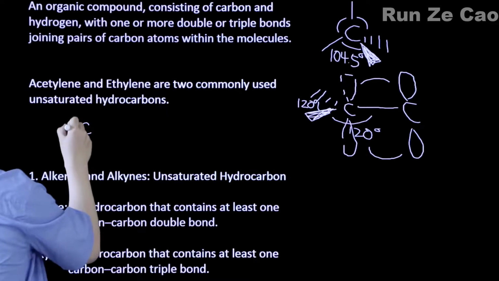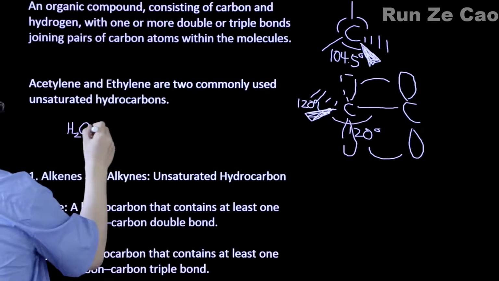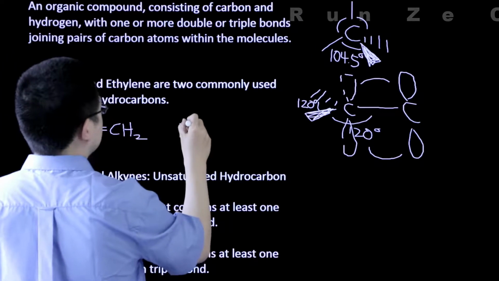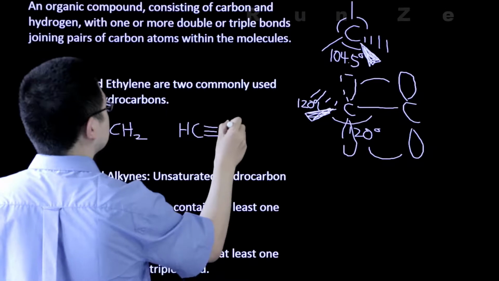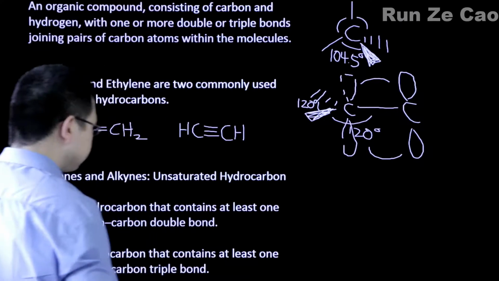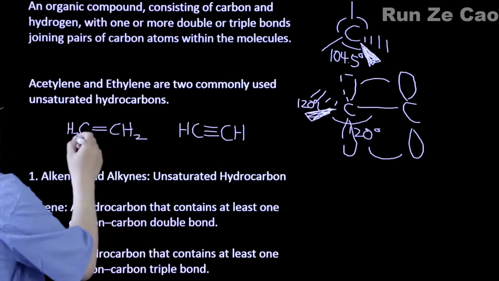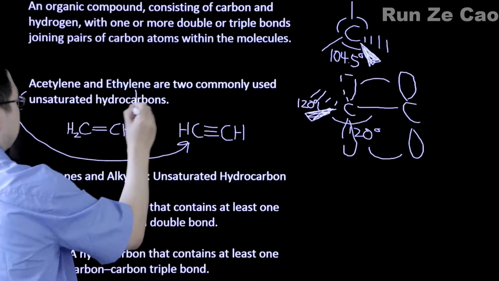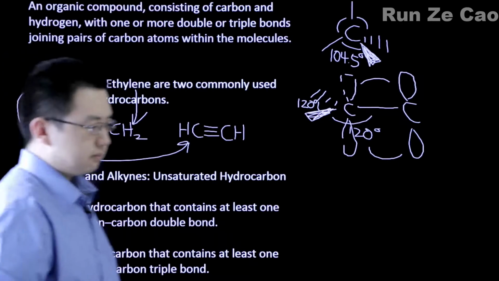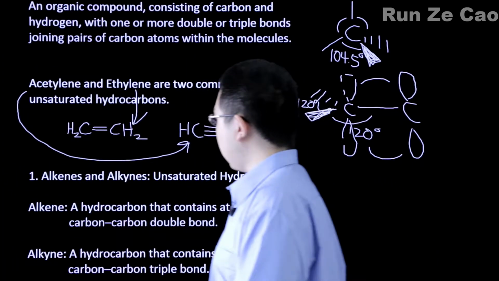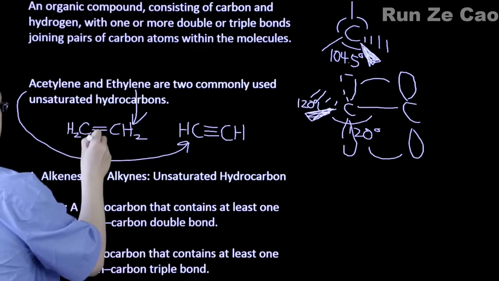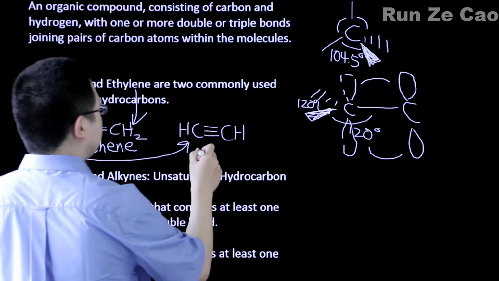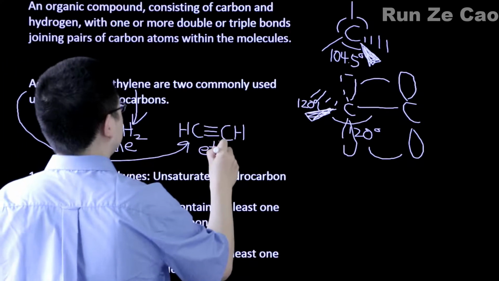Industrially speaking, acetylene and ethylene are 2 commonly used unsaturated hydrocarbons. Ethylene looks like this: H2C double bond CH2. And acetylene is HC triple bond CH. Ethylene is technically named ethene, and acetylene is named ethyne.